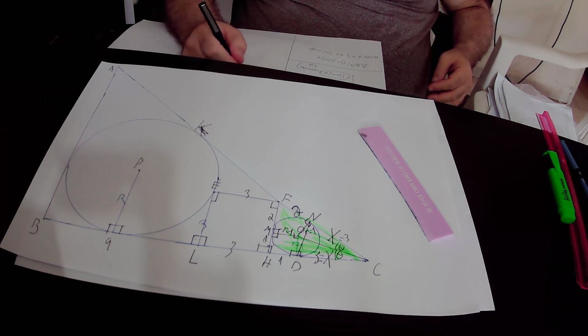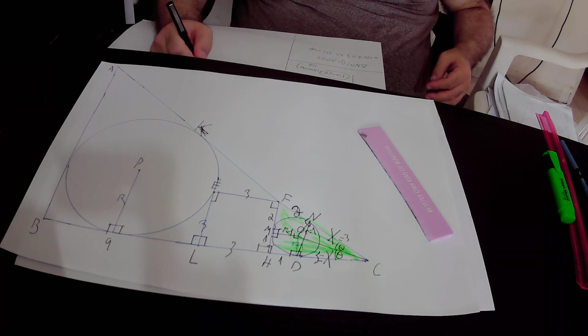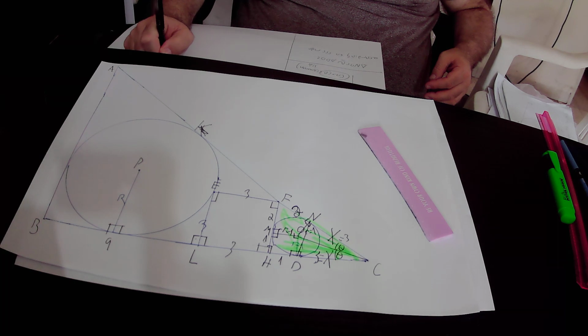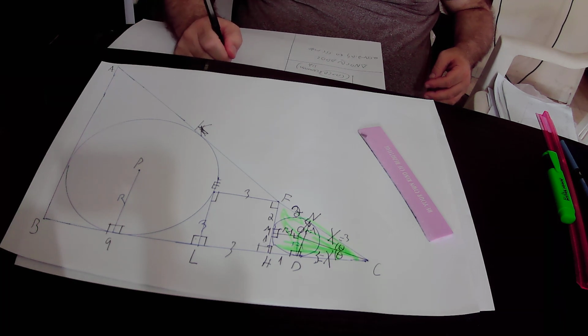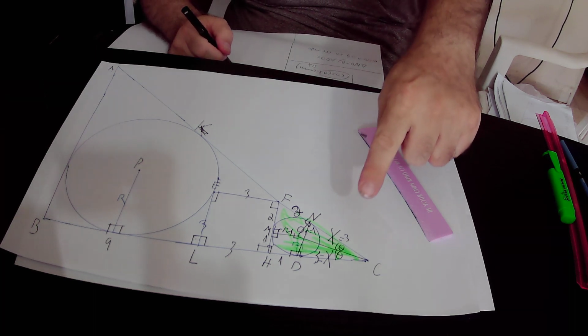Line segment CO is the angle bisector of angle C. Why? Because it bisects angle C into two halves.